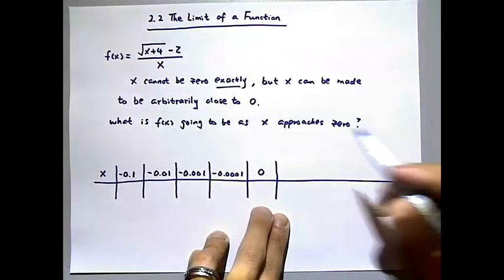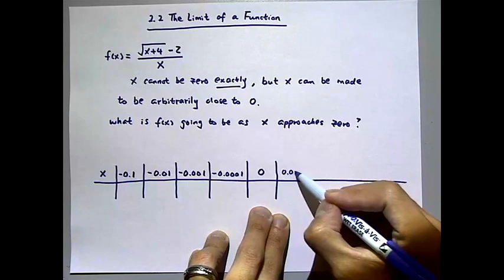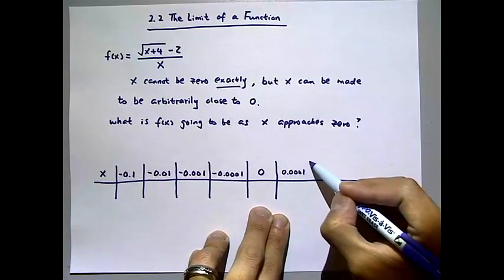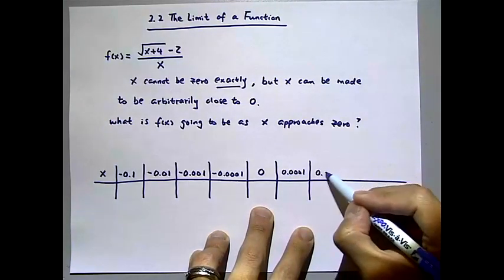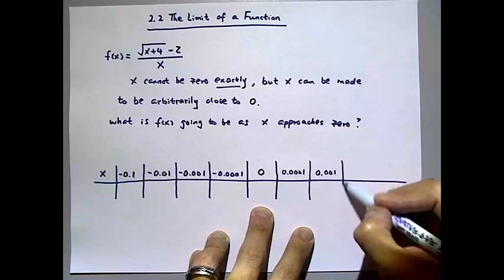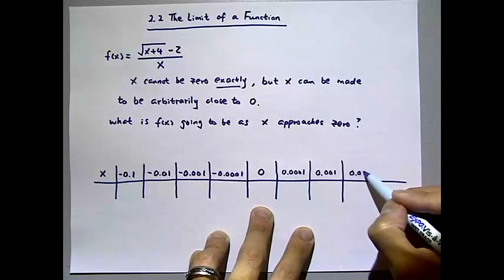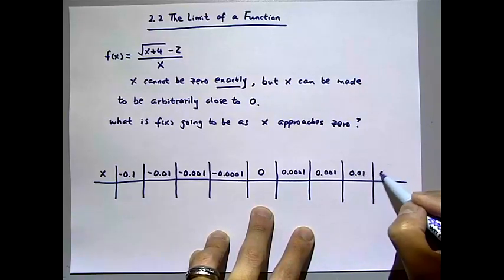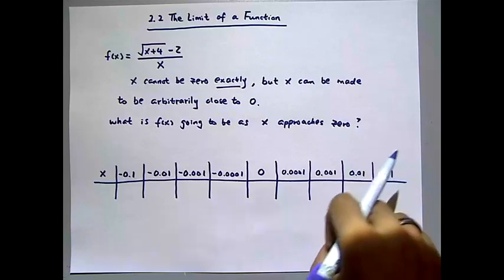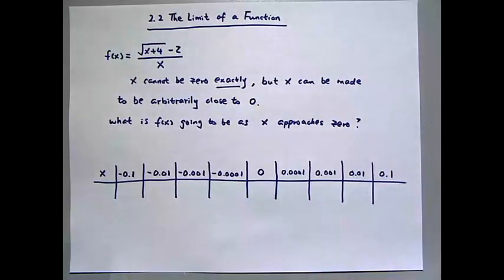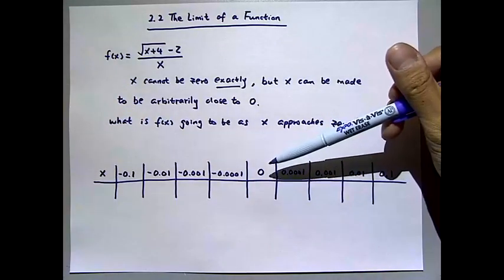I'm going to mirror these values but make them positive. I use a tenth, a hundredth, a thousandth, and so on. But in principle, you can use any value you want, just as long as they're getting progressively closer to the target, which is 0.